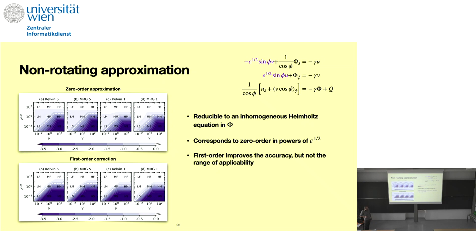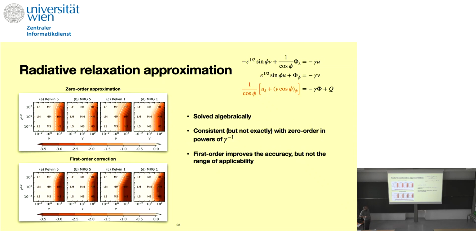We also have what we call the radiative relaxation approximation, where the divergence is negligible, and this is also solved analytically because, for instance, for a gamma different from 0, phi is just minus q over gamma, and you can then plug it here and find u and v.